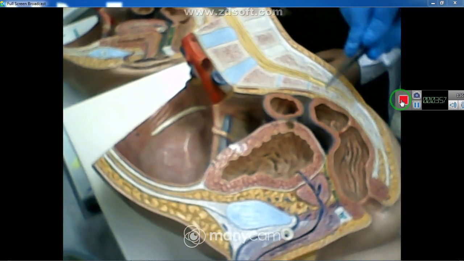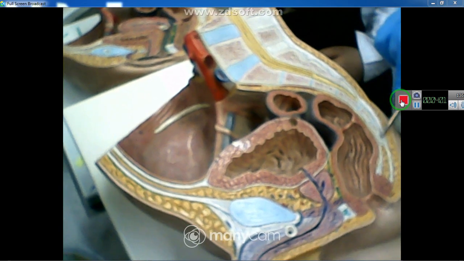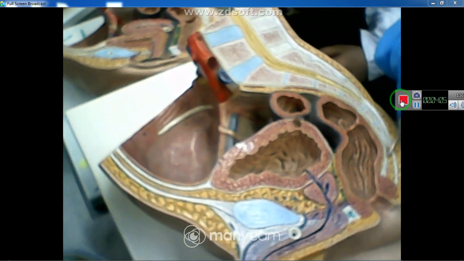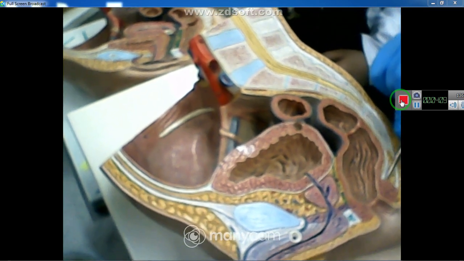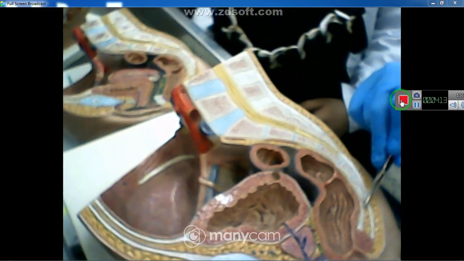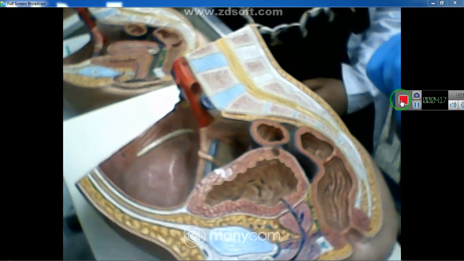Therefore, the rectum posteriorly is related to the sacrum, related to the coccyx, and related to this, which is the anococcygeal ligament.